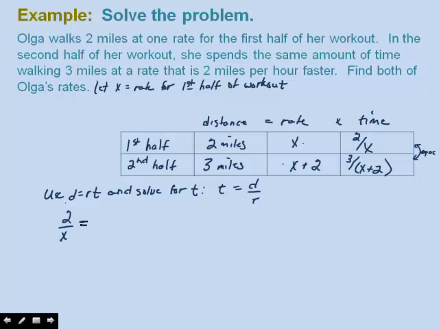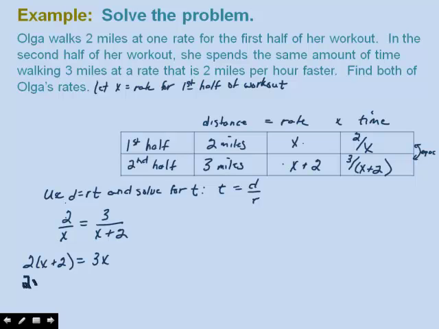We just take those two expressions, we know they have to be equal to each other, so we just set them equal to each other. And notice what we have here, we only have one rational expression on each side of the equation, so we can use cross multiplication here. So we can take the 2 times the x plus 2, set that equal to the x times the 3, or 3x.